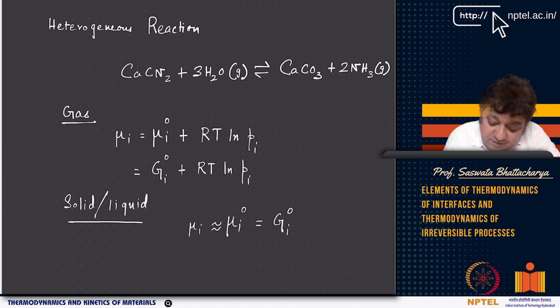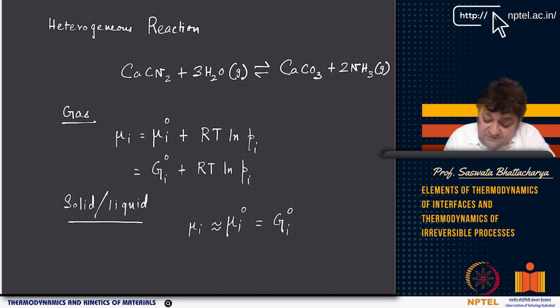You can tell it is calcium carbonitride because this is calcium CN2. This is a solid. Now it reacts with water vapor, which is gaseous, forming calcium carbonate and ammonia. It produces ammonia. So it is giving you one solid again here: a solid reacts with a gas to form a solid and a gas.